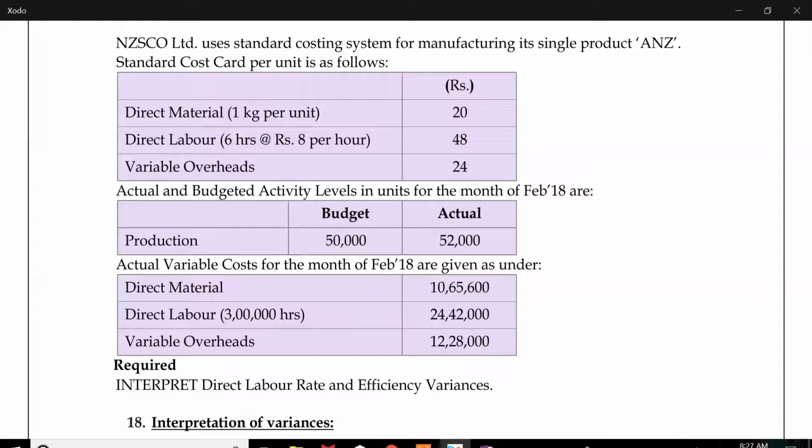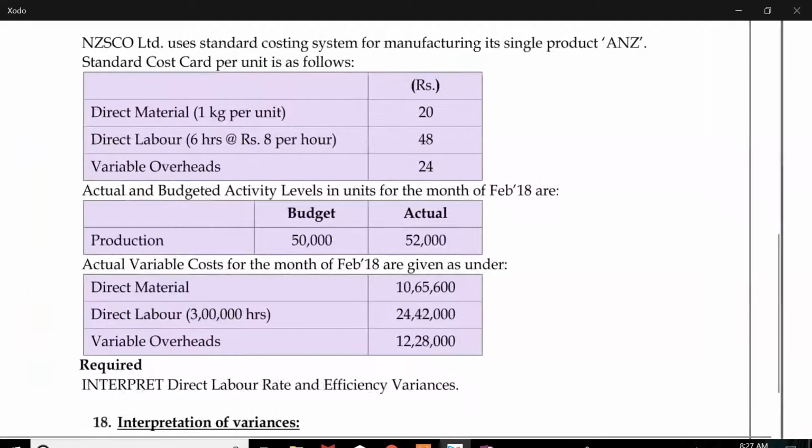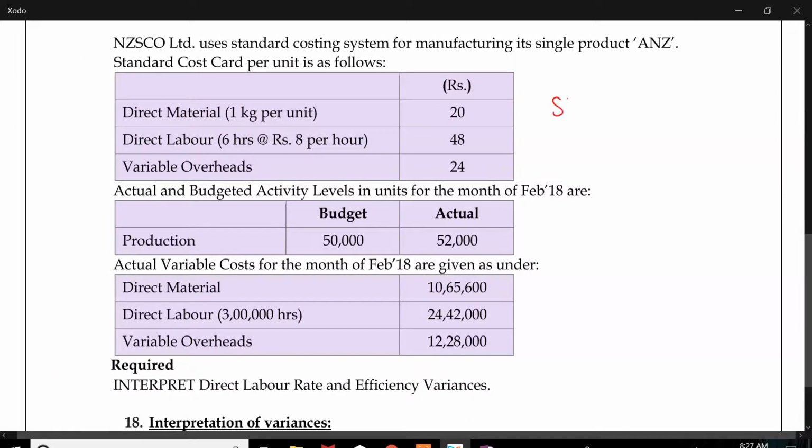It's a single labor, multiple labor. Single labor without idle time. SR into SH, SR into AH, AR into AH.